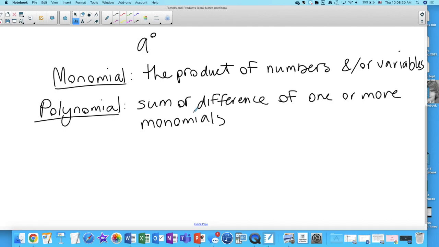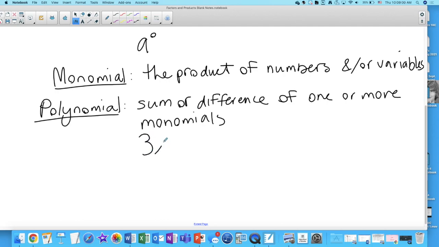Now, a term is another word for each monomial that you're adding and subtracting, right? So when we put these together in polynomials, each of those monomials that we add or subtract to create a polynomial is called a term in that polynomial, okay? So for example, if I did something like 3x plus y, this has 2 terms, okay?